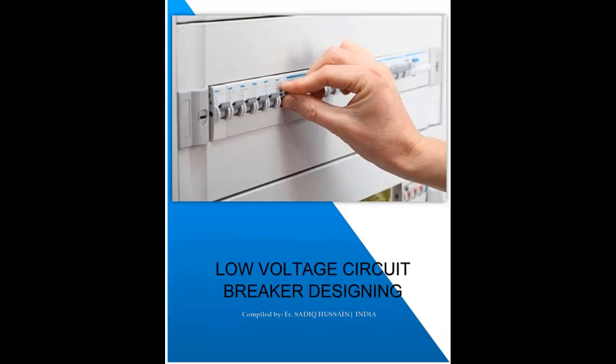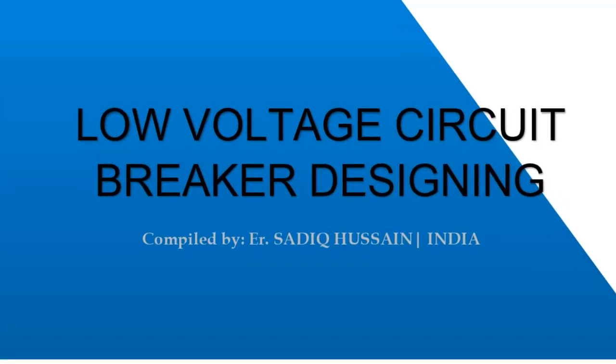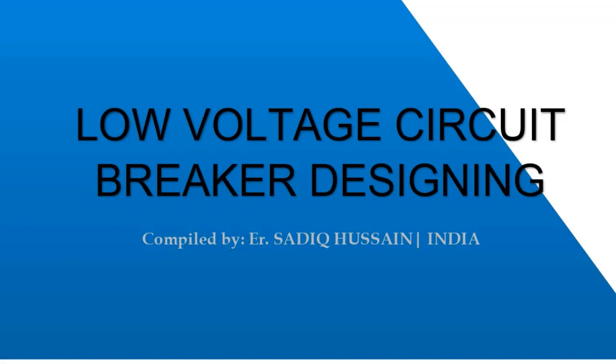If I am talking about the overview of this course, first understand the title of this course, that is Low Voltage Circuit Breaker Designing. First we have to understand these three words: low voltage, circuit breaker and designing. Classification of circuit breaker can be made based on voltage, construction type, interrupting type and structural features. But here I am going with respect to the voltage only.